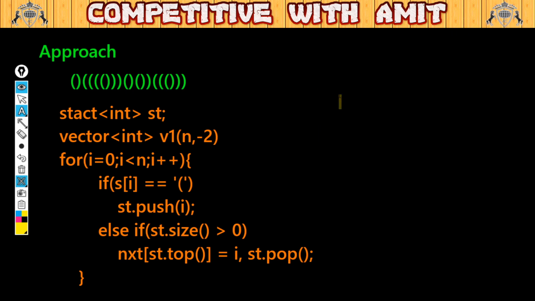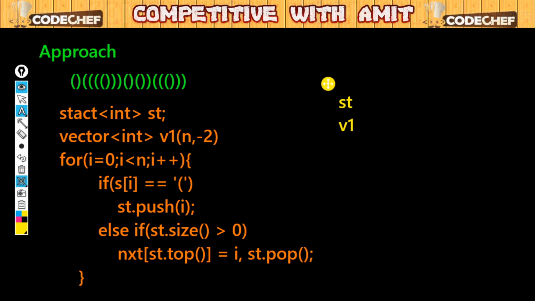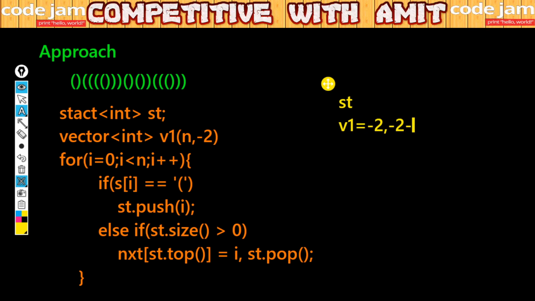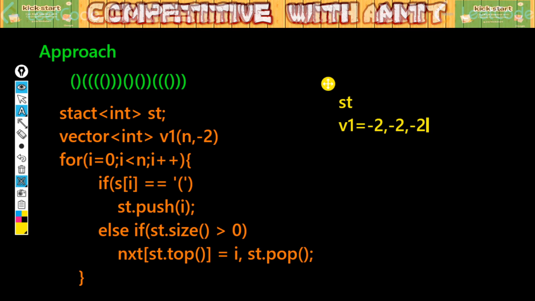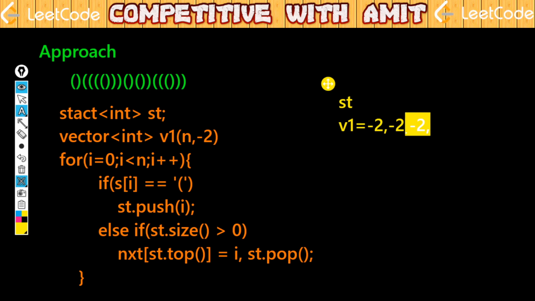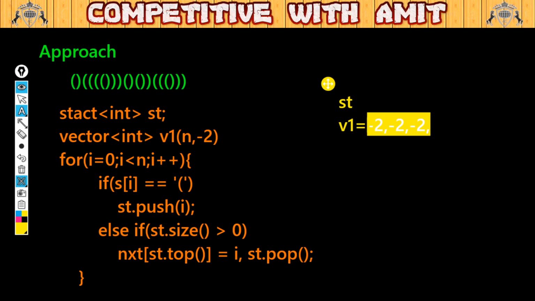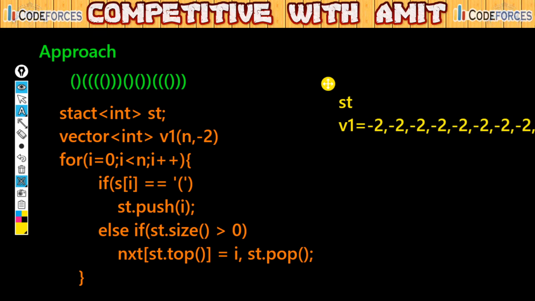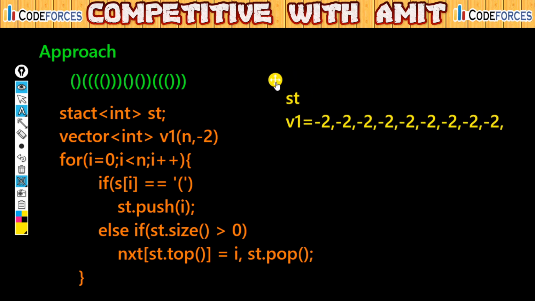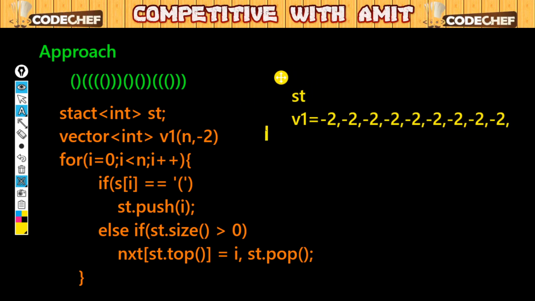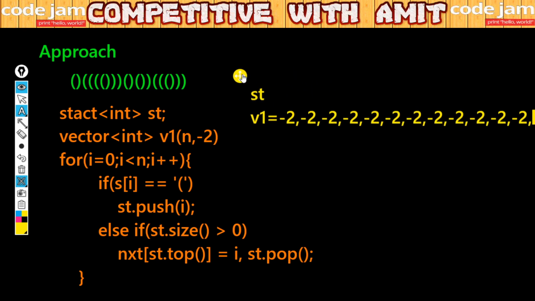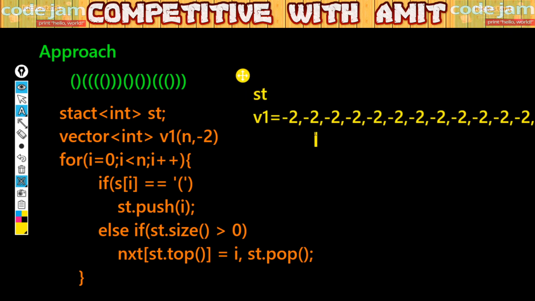Now initially the stack will be empty, so we'll take an empty stack. V1's values will all be initialized by -2. So the vector will initially look something like this.